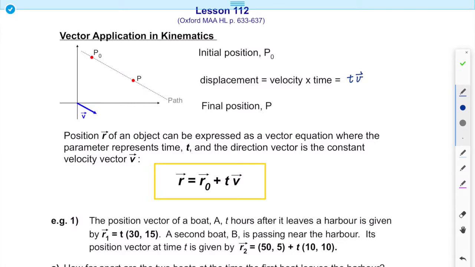To get to the final position P, the displacement from P0 to P means that we take the position vector of the object added to its displacement tv, so that we come up with the new position of the object, r. So the position r of an object can be shown as the vector equation r = r0 + tv.